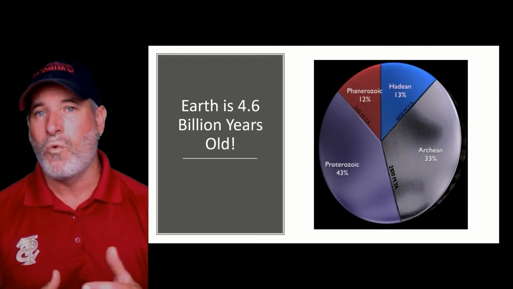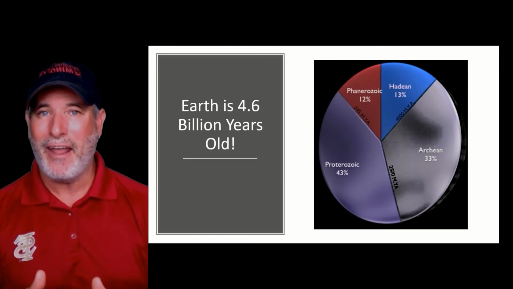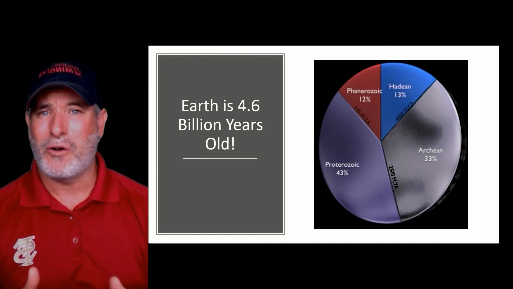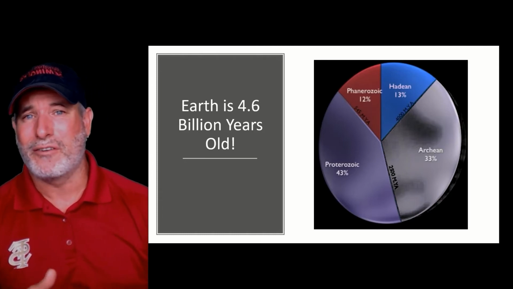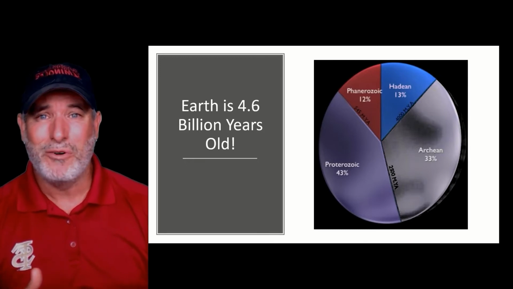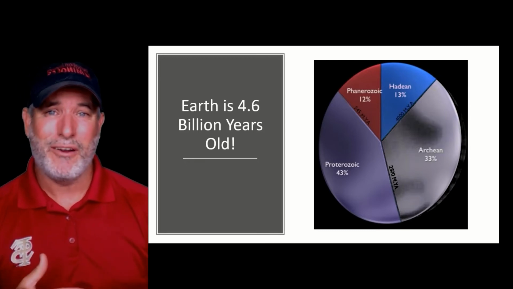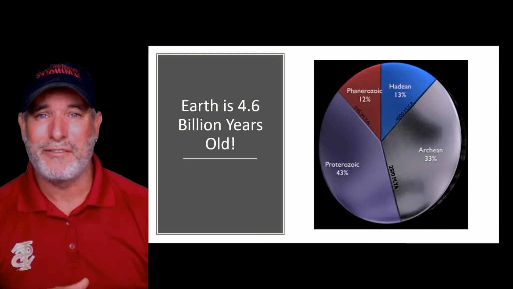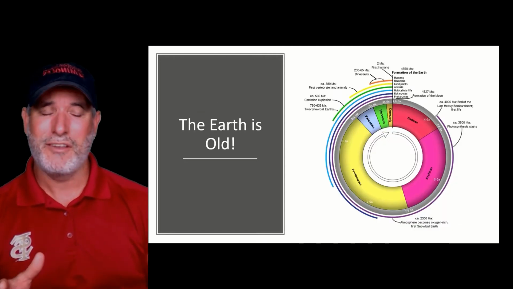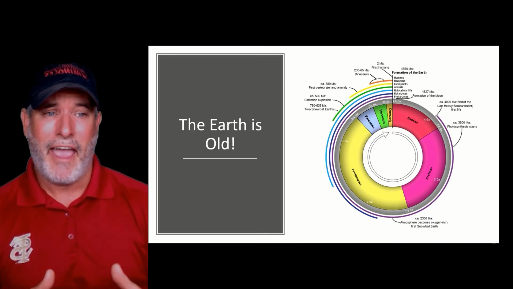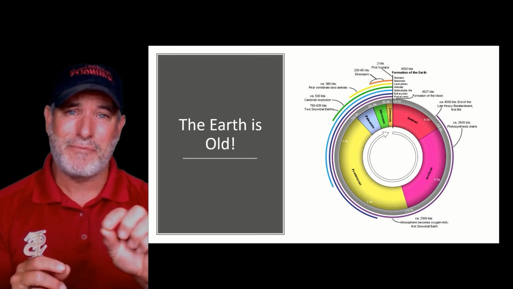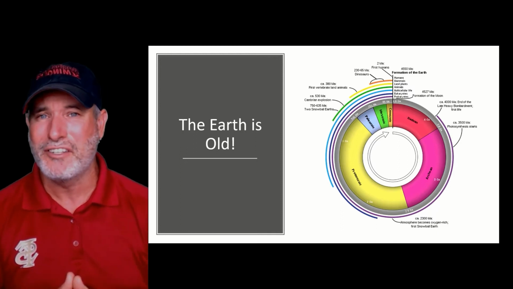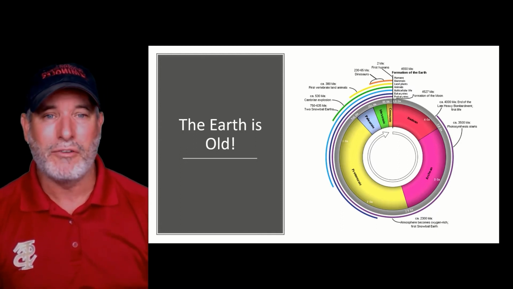The eon we're in right now, the Phanerozoic, which means basically visible life, is only 12% of the Earth's history. That's it. Most life that we are familiar with, animals and plants, have only been around for 12% of the Earth's history. You see that little pie get smaller and smaller. That Cenozoic, the last 65 million years, that's been the rise of mammals.